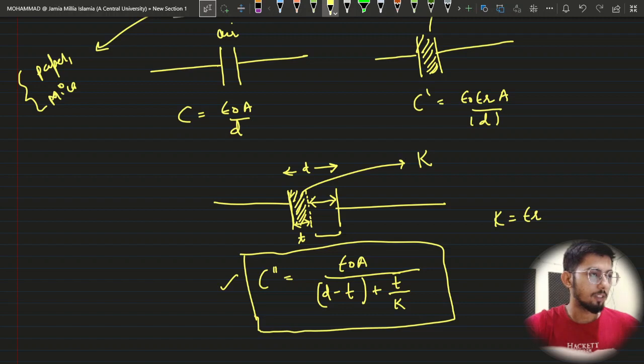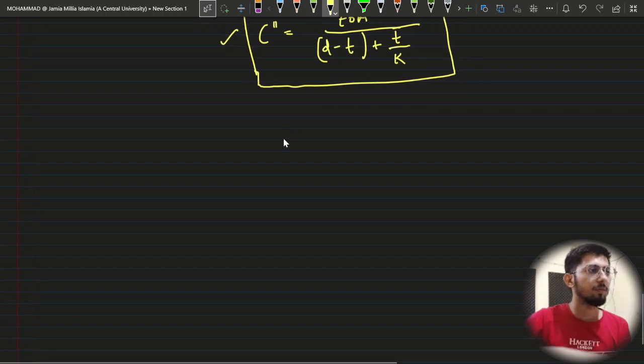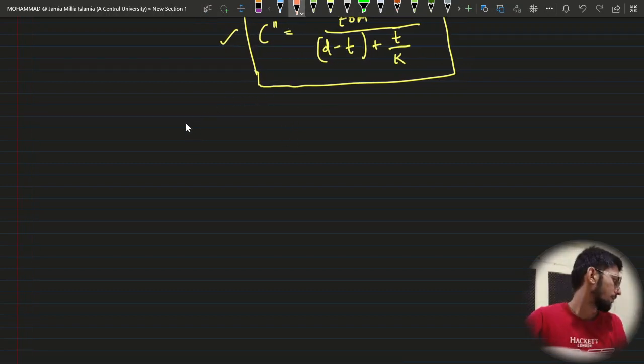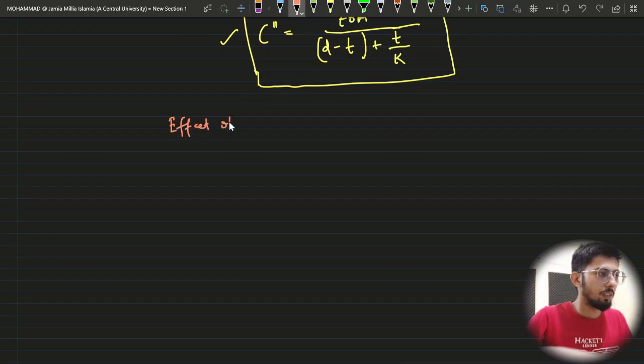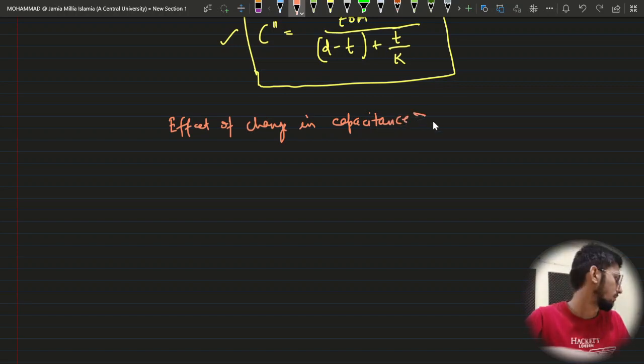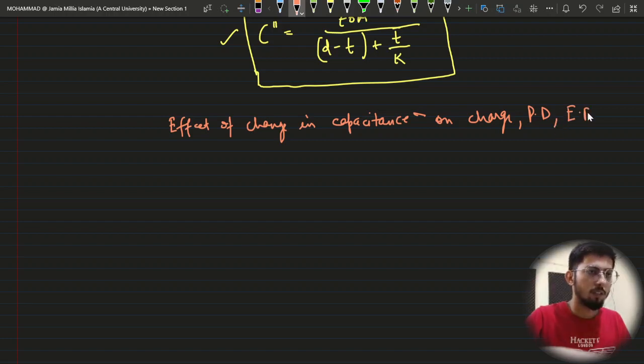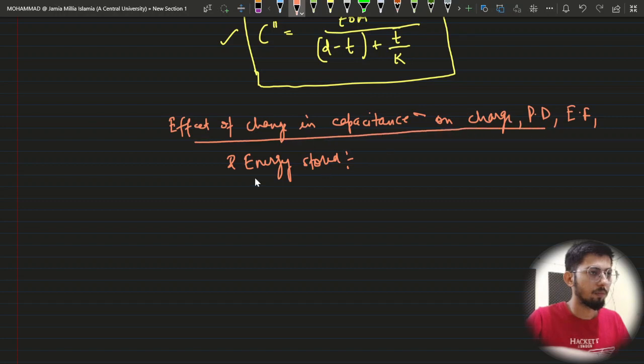So the last topic, let me write it: effect of change in capacitance on its charge, potential difference or voltage, electric field, and energy that is stored. This is the topic.